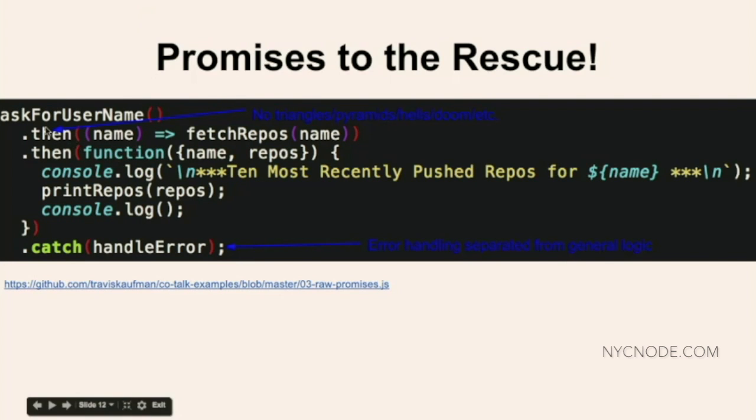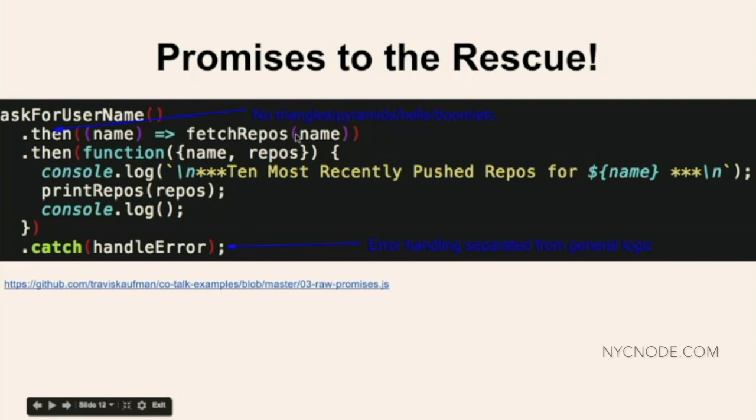But basically, this is what we can make the code look like in ES2015. We ask for the username, which returns a promise. We chain it, and we call fetch repos with it. The nice thing about promises is that they unwrap. So if your handler to then returns a promise, it will be unwrapped to the top level, so you can continue chaining it, which is what we do here.